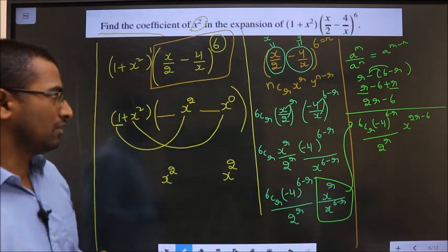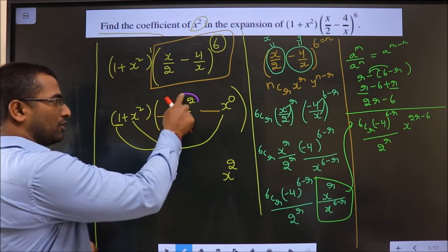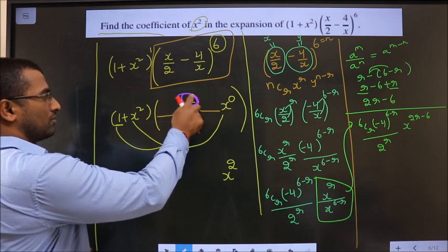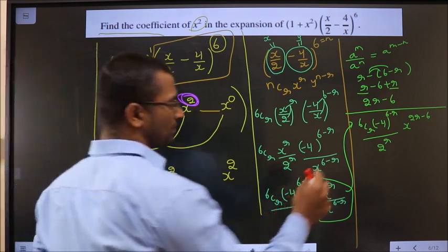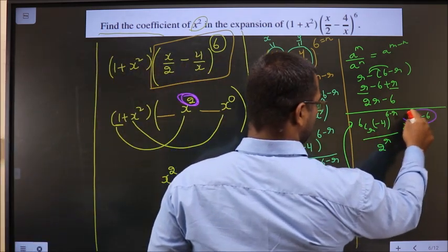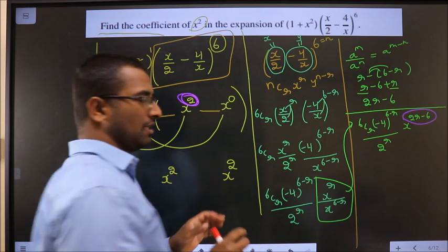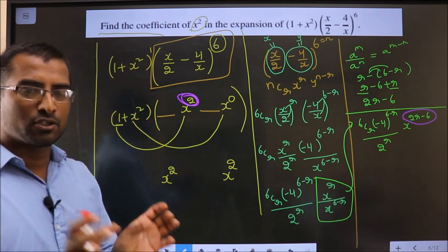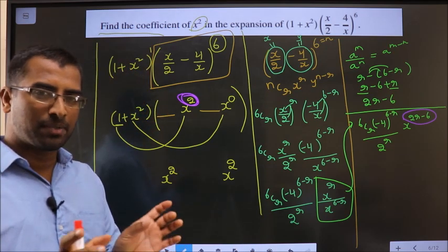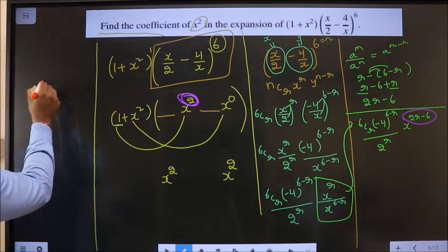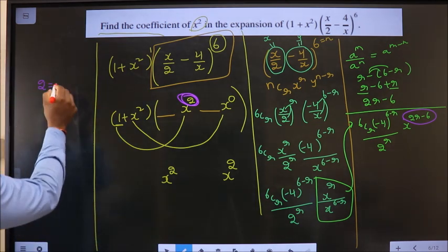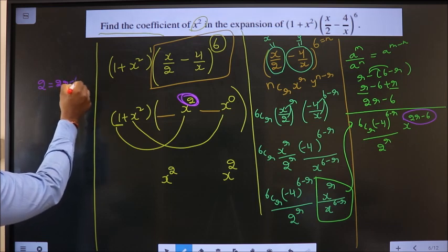Clear so far? Now, I need the coefficient of x power 2. On x the power is 2. Here on x the power is 2r minus 6. Equate both the powers to get the value of r. So that is 2 equal to 2r minus 6.